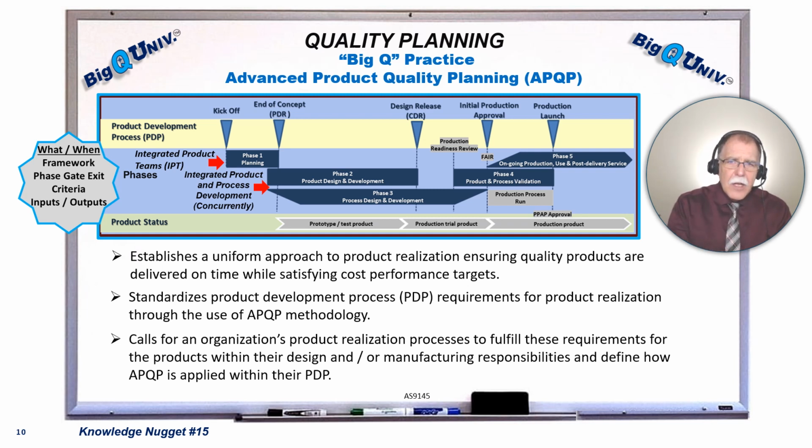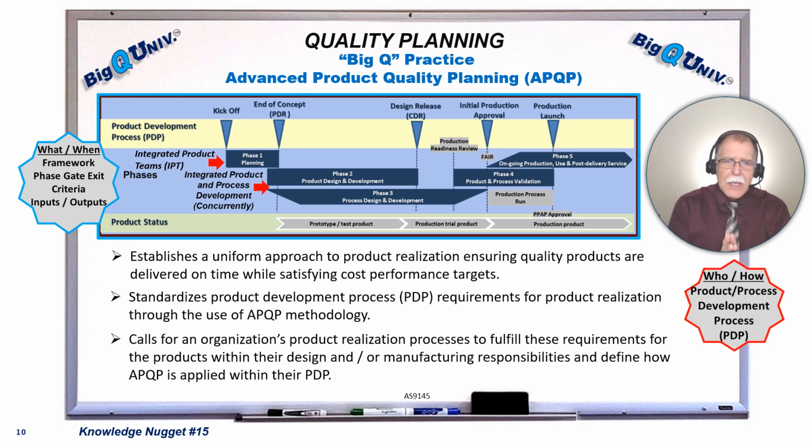Now, if you recall, I said earlier that APQP as a product realization methodology is to be integrated into an organization's product development process, PDP, or maybe what we would call concurrent product and process development process.